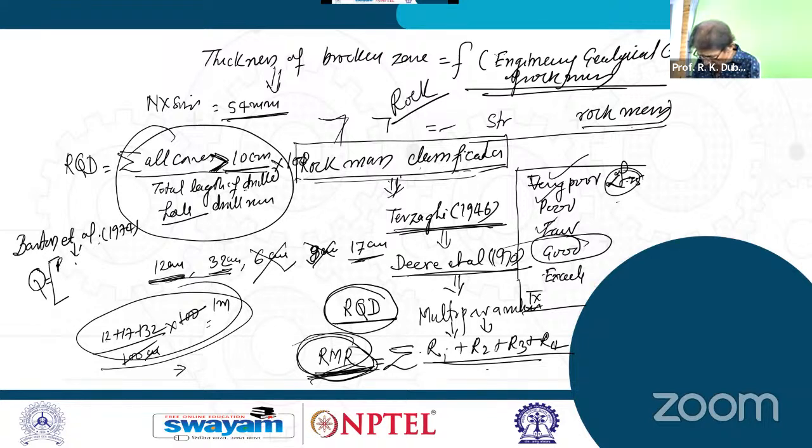First quotient is RQD divided by joint number, into joint roughness divided by joint alteration, into joint water condition divided by stress reduction factor.